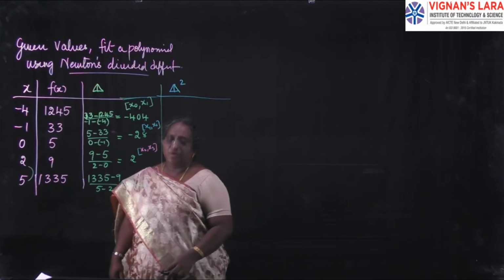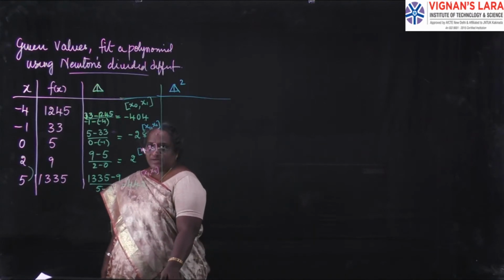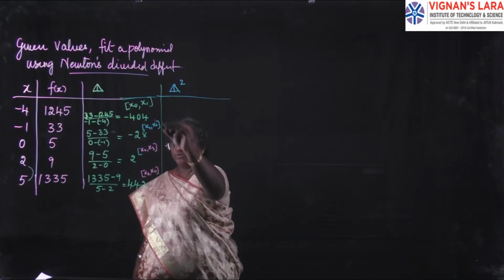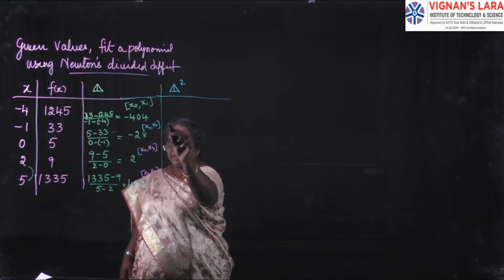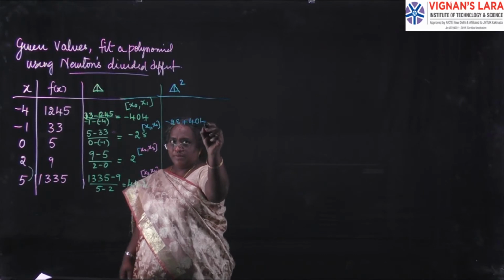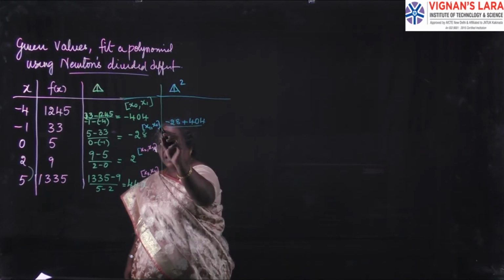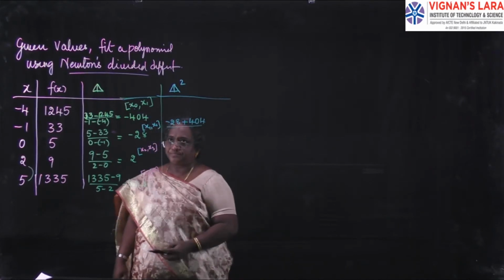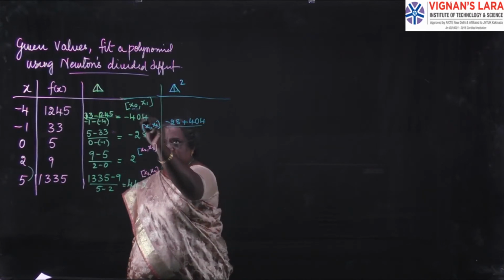Now in the numerator there is no problem, because all the time we take these values only. So we write to the center: -28 minus of -404 by, in the denominator, x2 minus x0. Last value here, first value here.